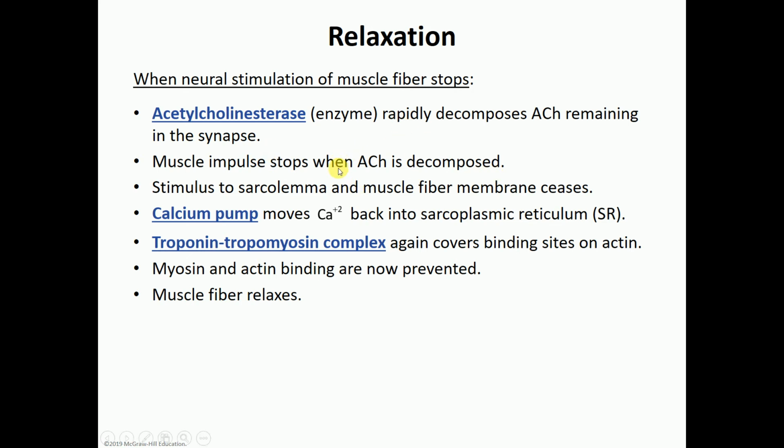At that point, calcium will be pumped into the sarcoplasmic reticulum. Your troponin-tropomyosin complex reverses back into its position, covering the binding sites on actin. Now the myosin head has nowhere to attach, and that leads to the relaxation of the muscle fibers.